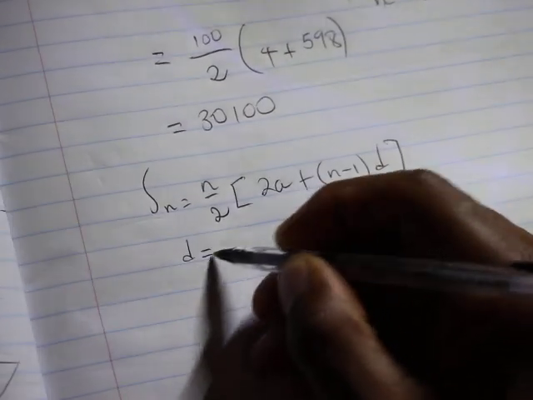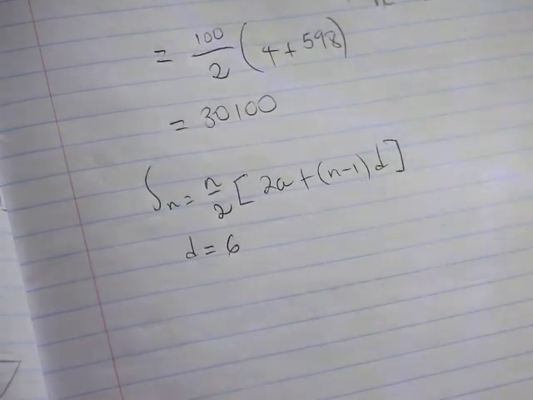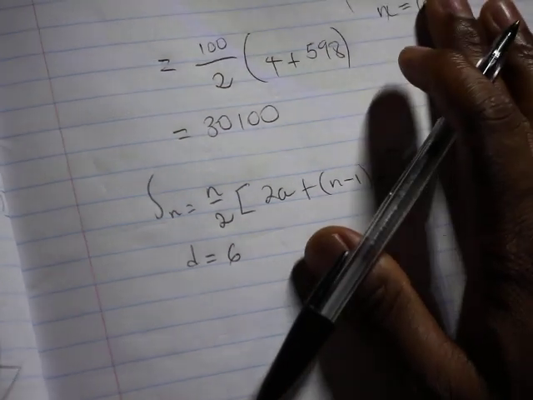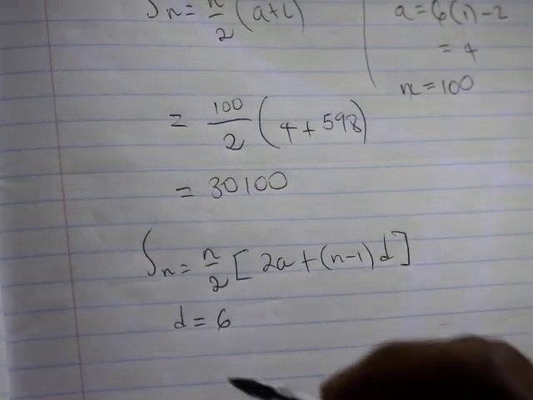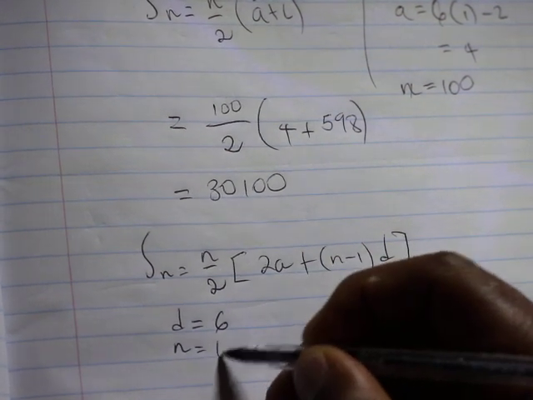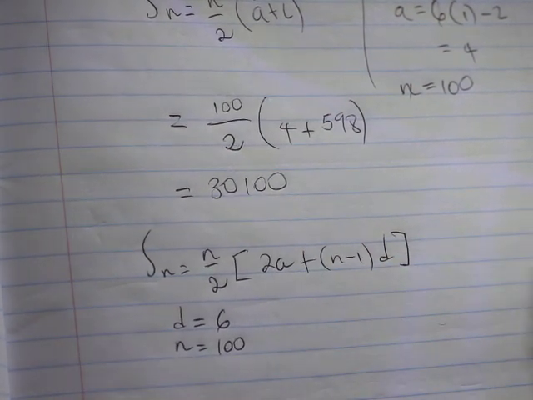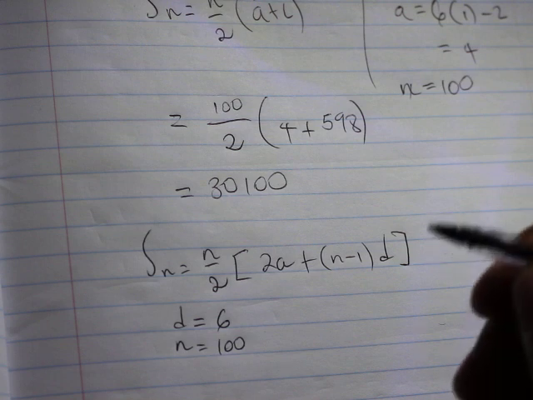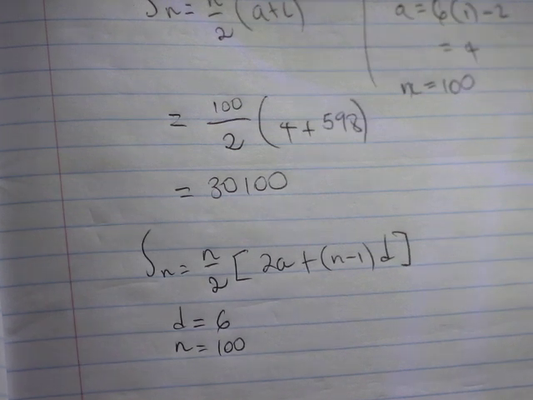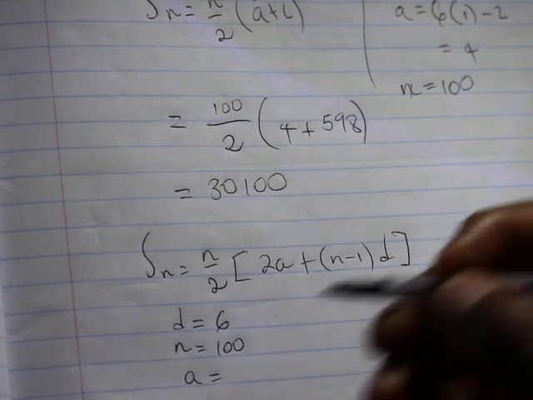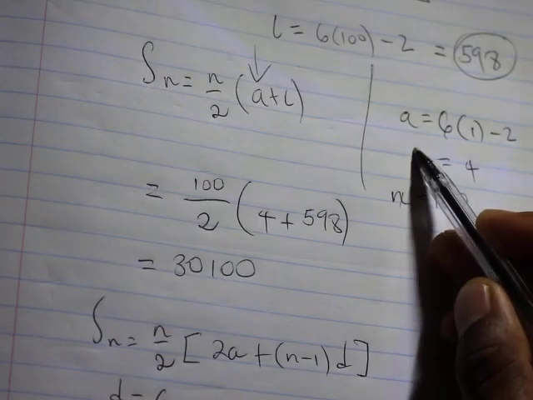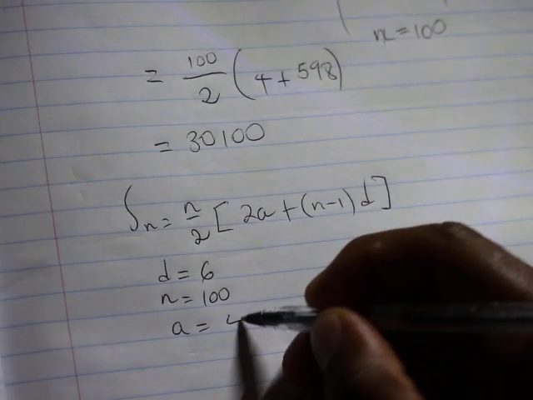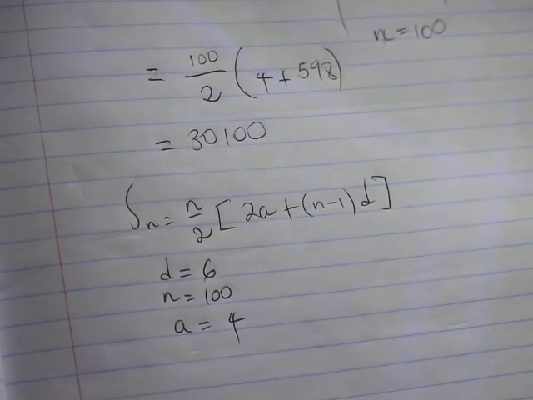So d is equal to 6, the value attached to the n. So now d is equal to 6, and we also know that n is equal to 100. And what else do we need? We need the a. A would be exactly what we did over there: 6 into 1 minus 2, then we get our 4, and then we do the substitution.